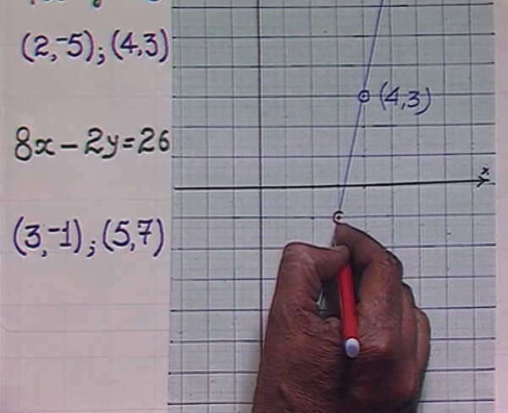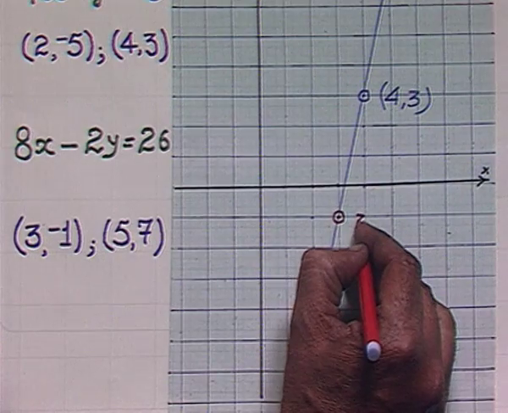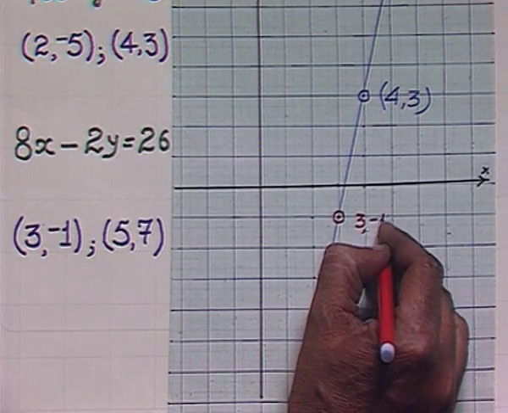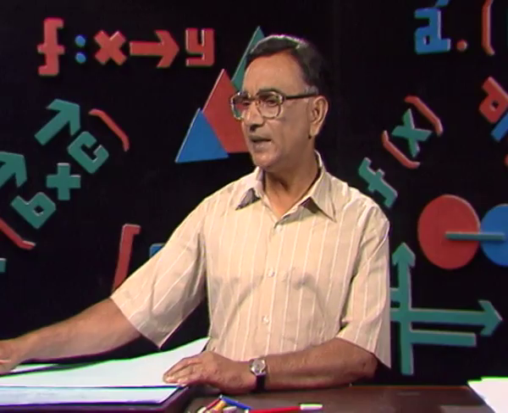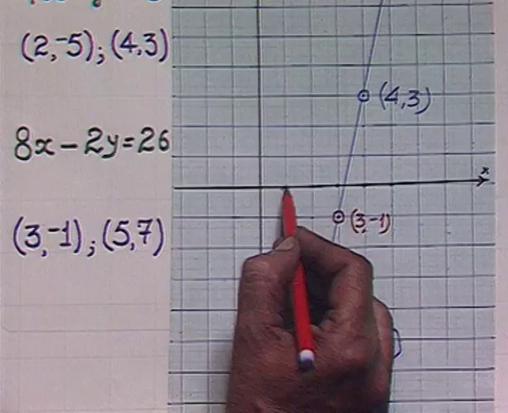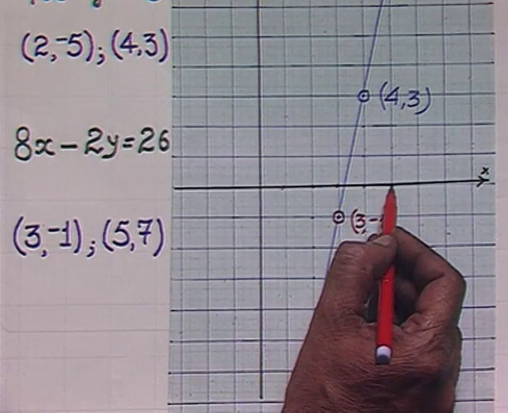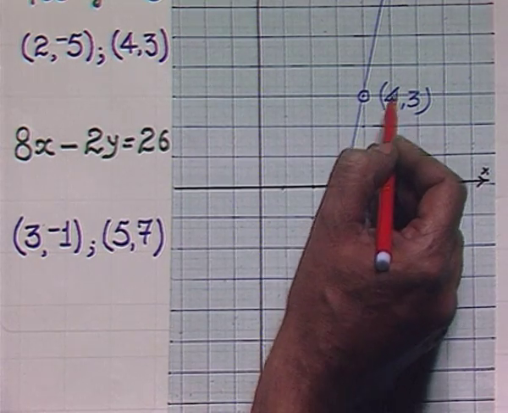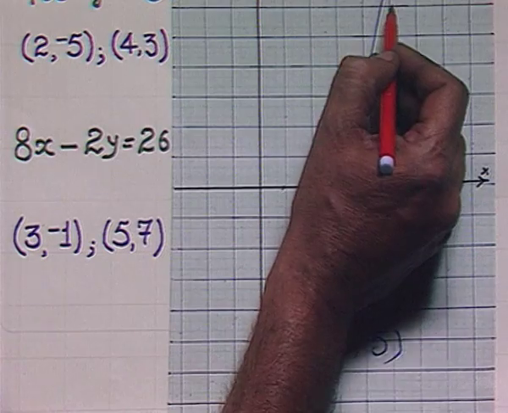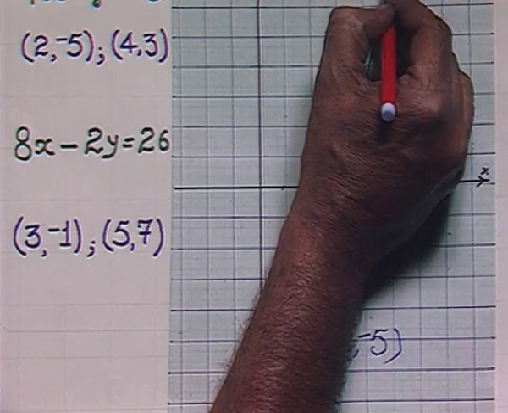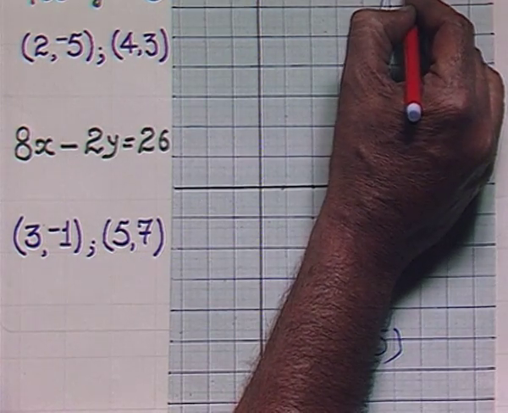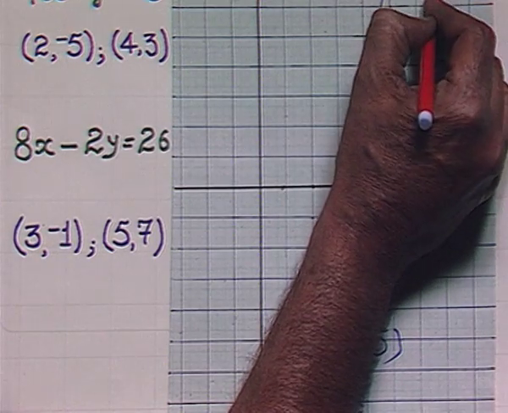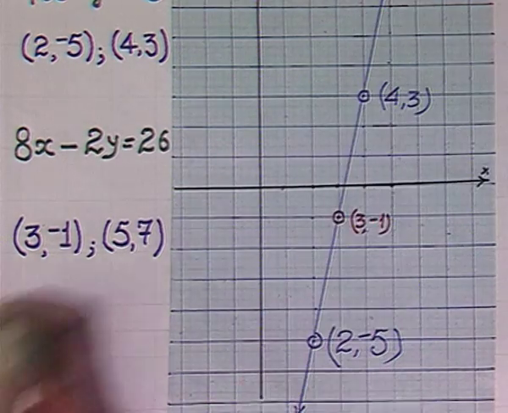So (3, -1), where do you find it? It is on the line itself. The other ordered pair is (5, 7): 1, 2, 3, 4, 5 and 7 units being positive, again move up 1, 2, 3, 4, 5, 6 and 7. So this point is also lying on the previous line.